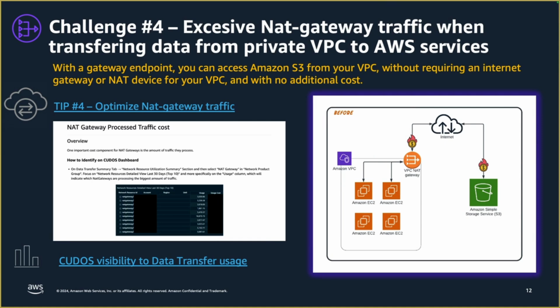And what it means is that for a NAT gateway, you have data processed through NAT gateway charges. So for traffic which passes through the NAT gateway, you are charged, I think, 4 tenths of a dollar for every gigabyte of traffic.